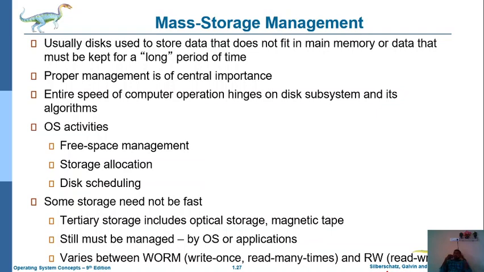Write once and read many times means we can store once into memory, then use it a number of times. Read and write means we can perform the read operation and write operation simultaneously. Depending upon these activities or modes, the storage access will change. These are the details about mass storage management.